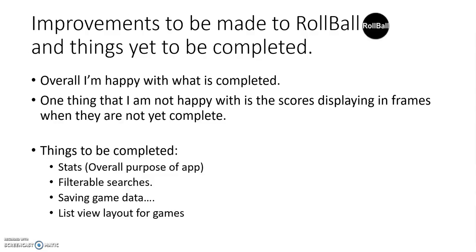And last but not least, I don't know if you noticed, but when displaying the game after we went back to the recycler view, as in criminal intent, it didn't really have a view layout established for the games. And that's about it. Thank you.